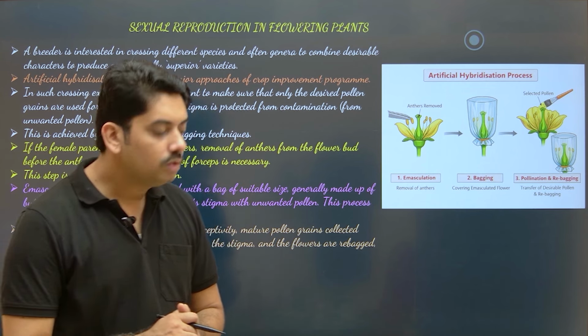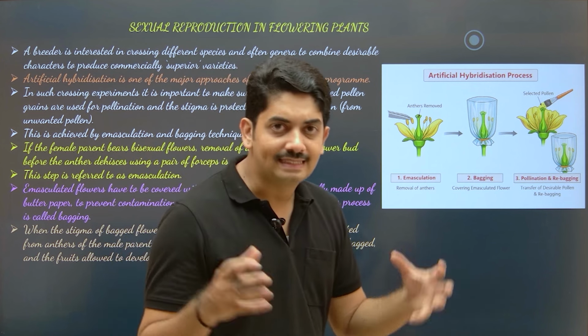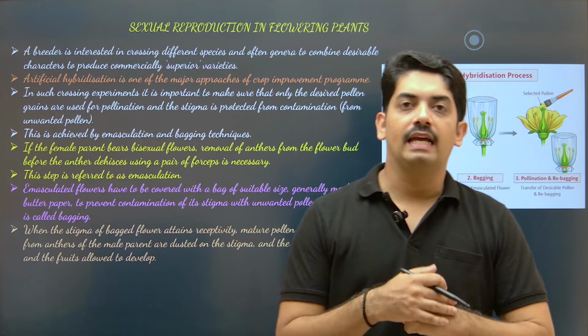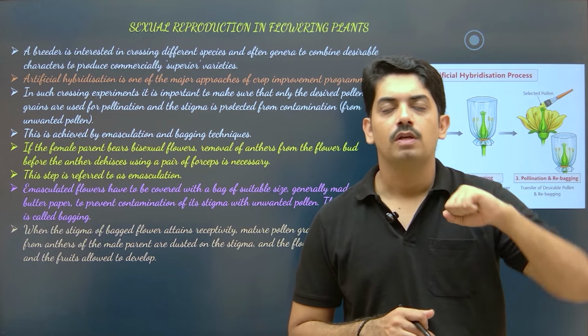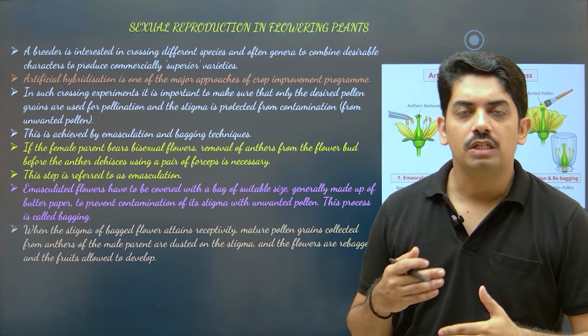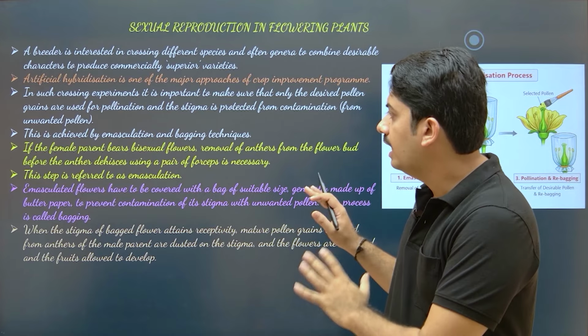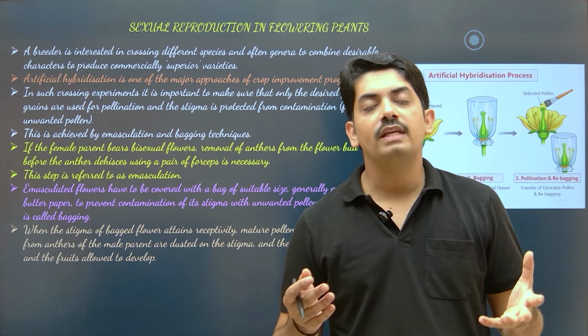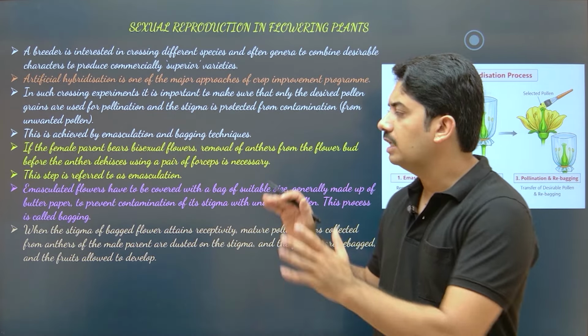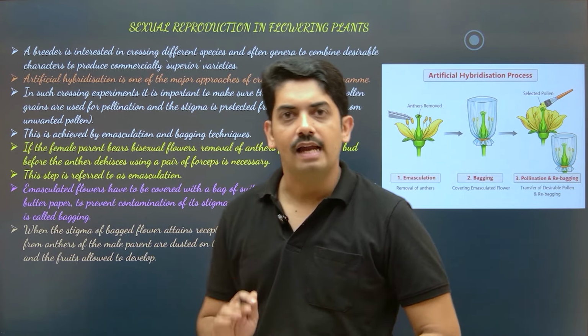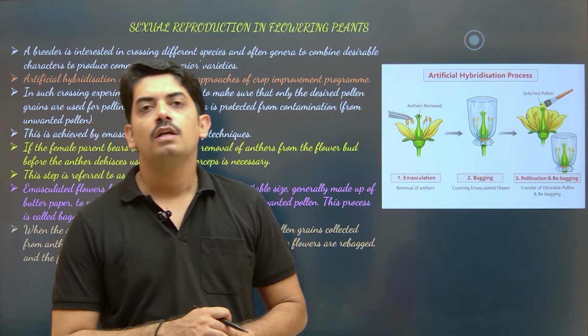See, how to assemble desirable characters to get the best offspring? Scientists searched different ways and came up with the idea. By knowing the pollen-pistil interaction, they implemented those techniques in artificial hybridization.